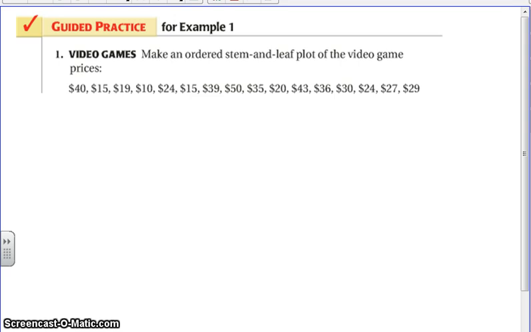Each of them is a dollar amount, and we start with 40, 15, 19, 10, 24, 15, 39, 50, 35, 20, 43, 36, 30, 24, 27, and 29.